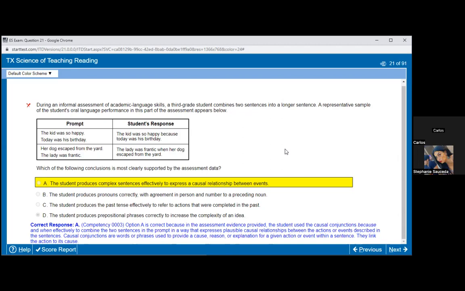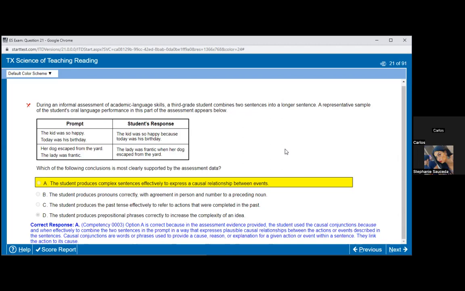But typically, like 99% of the time, when I do sentence combining activities, it is to increase the complexity of their sentence structure, of the syntax. They did it to express the causal relationship between events: the kid was happy because today is the birthday. The lady is frantic because her dog is missing. So A is correct in the assessment evidence provided.